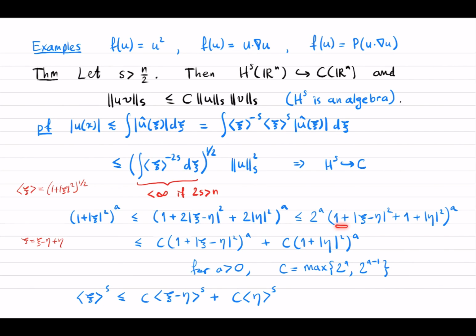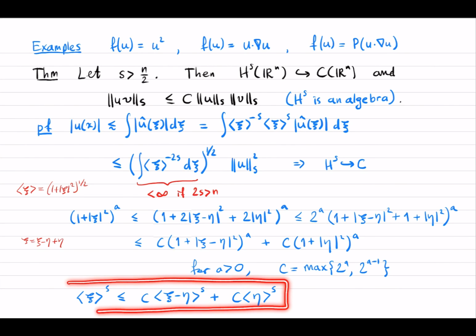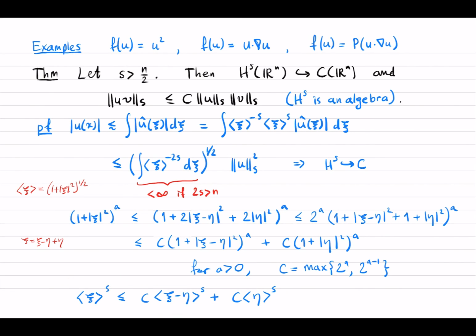And we get 1 plus |xi minus eta| squared and 1 plus |eta| squared. At this point, we use some sort of generalized triangle inequality to bound it by (1 plus |xi minus eta| squared) to the power a and (1 plus |eta| squared) to the power a. And that gives us this sort of generalized triangle inequality for the Japanese bracket to the power s. So whenever we have just the bracket of xi to the power s, we can bound it by the bracket of xi minus eta to the power s and the bracket of eta to the power s.